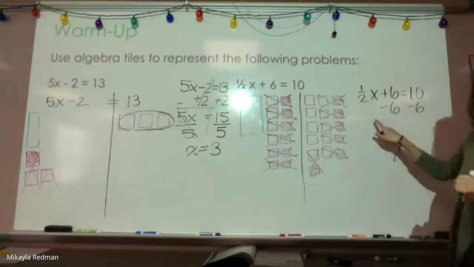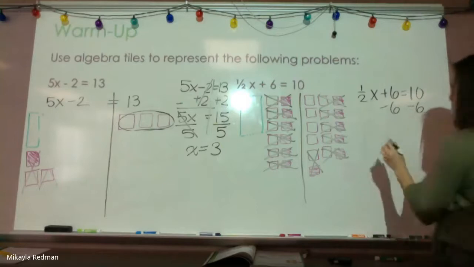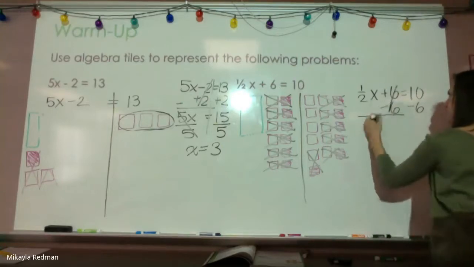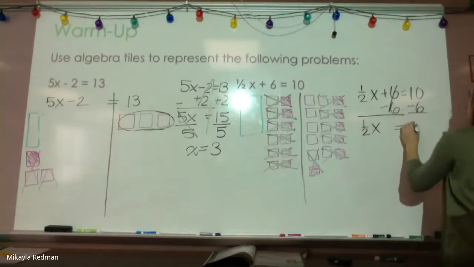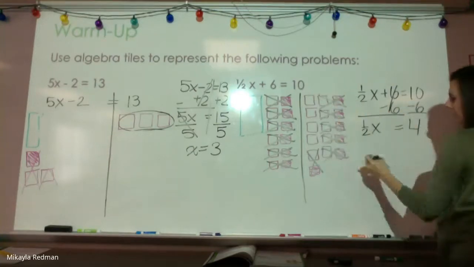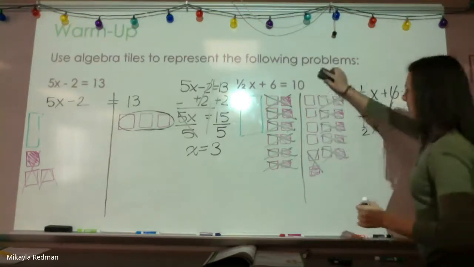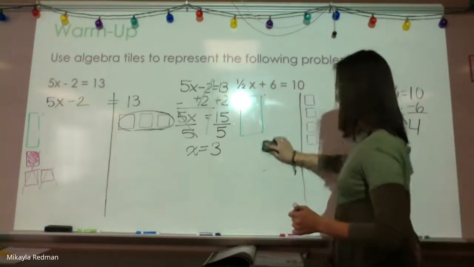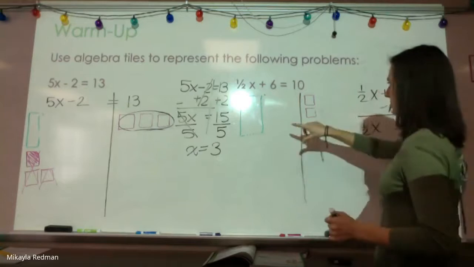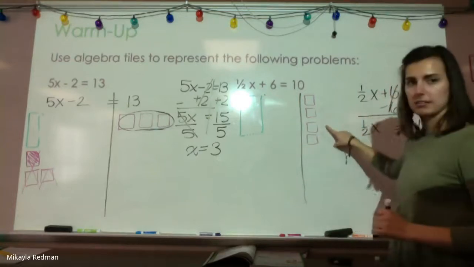I added 6 negatives. So you got half x is equal to 10 minus 6. We're left with 4 ones. So I'm going to get rid of the rest of this. So my half x is equal to 4 ones.